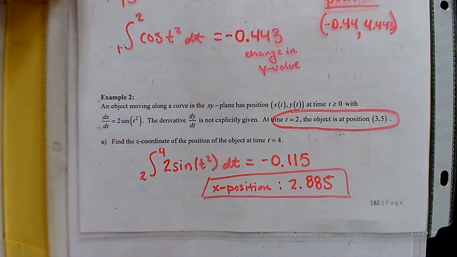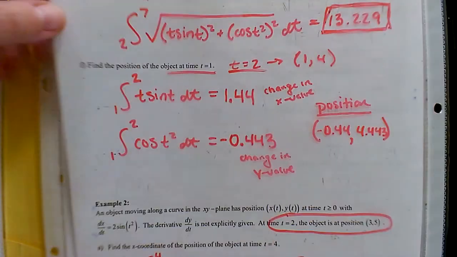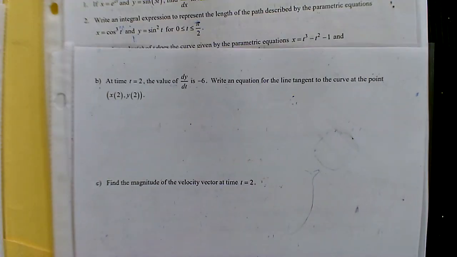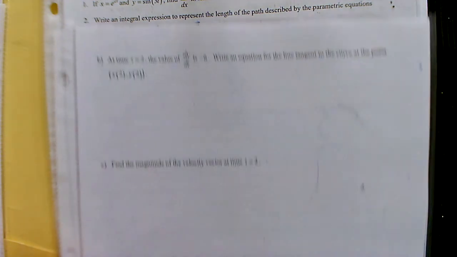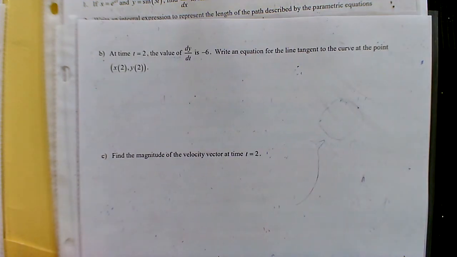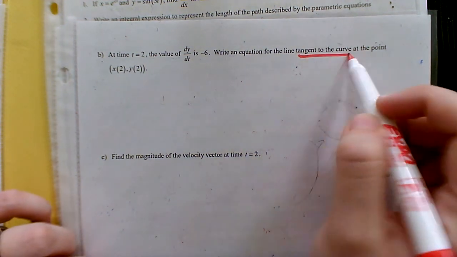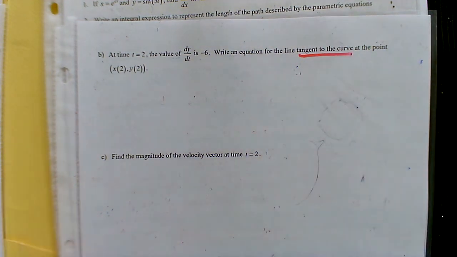All right. Let's try part B. At time 2, the value of the y derivative is negative 6. Write an equation for the line tangent to the curve at the point x2, y2.